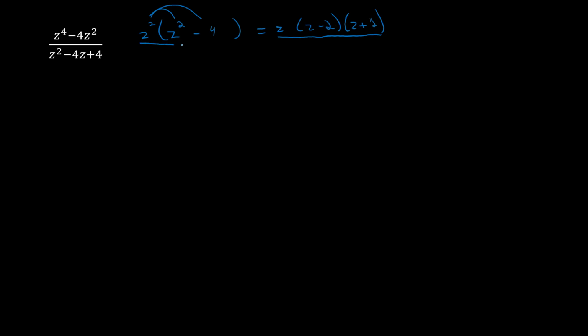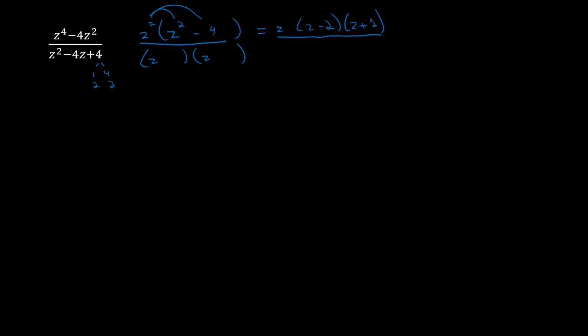And then the denominator, you have z squared minus 4z plus 4. It's a quadratic trinomial, so I can factor like this, where I know that it's going to be z times z to get z squared. 4 can be a product of 1 times 4 or 2 times 2.